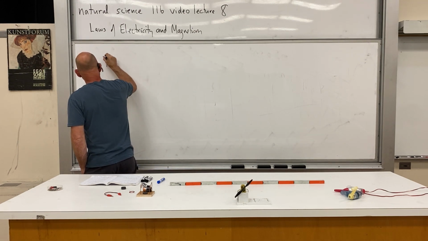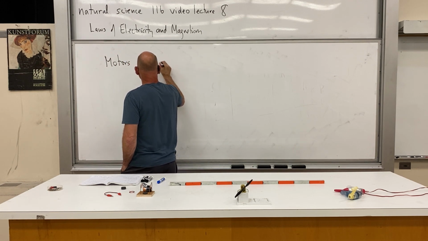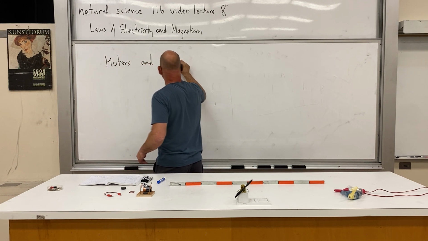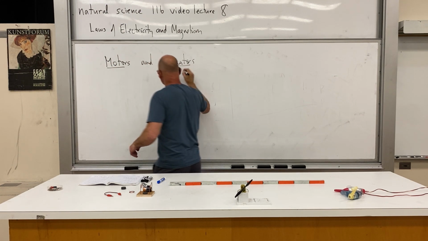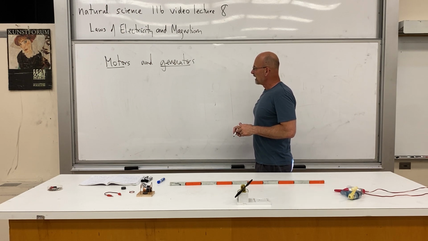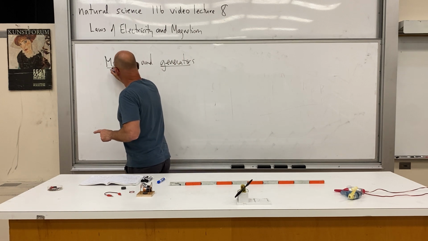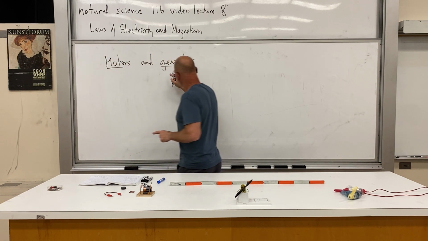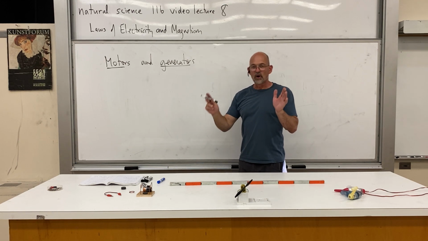We have motors and generators, electric motors and generators. Okay. And the point of the motor has been made. With the generator, I have to make another point. First of all, it was the motor in reverse.